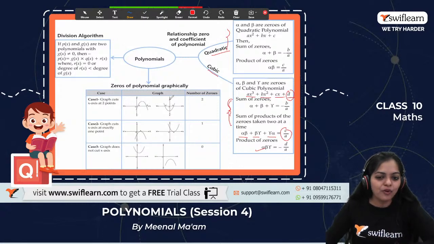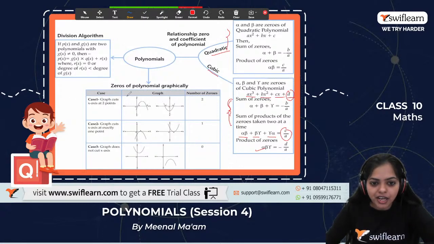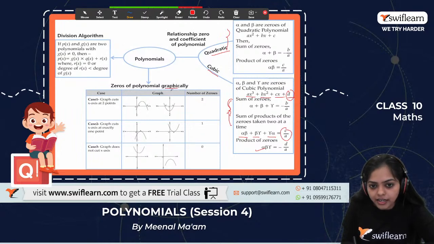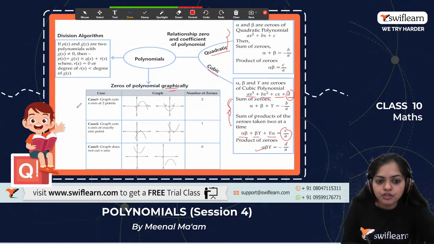Okay, all right. And in the second session we discussed the zeros of a polynomial graphically. I think everyone remembers how we see zeros through a graph. Let's have a revision. The first case is the graph cutting the x-axis at 2 points. In the last session we discussed that the number of zeros is equal to the number of points at which the graph cuts the x-axis. So here the graph cuts the x-axis at how many points? 1 and 2 points, here also 1 and 2 points.